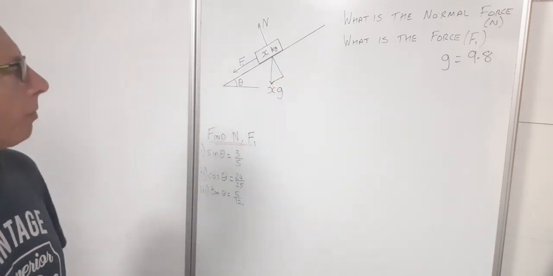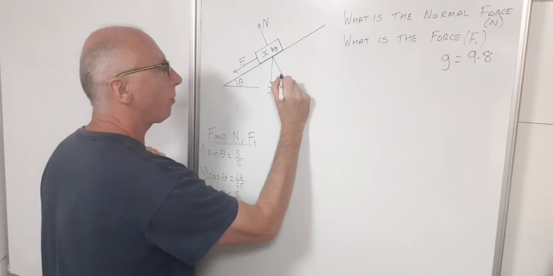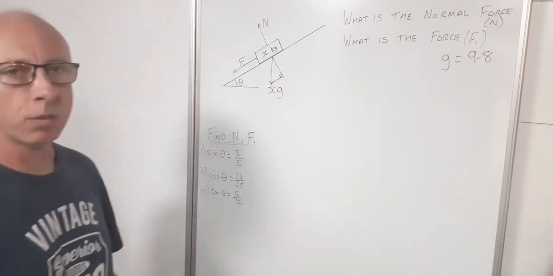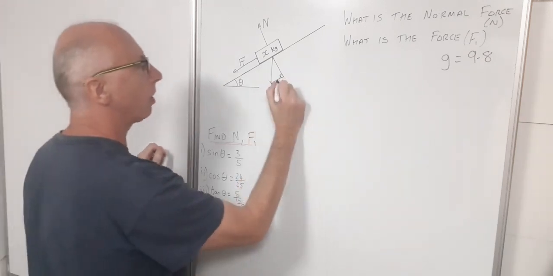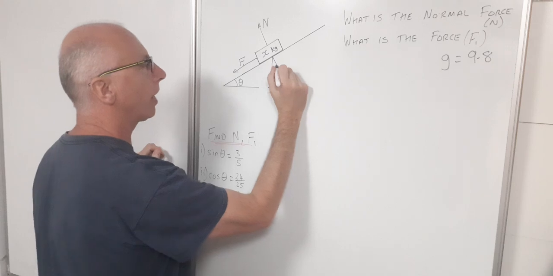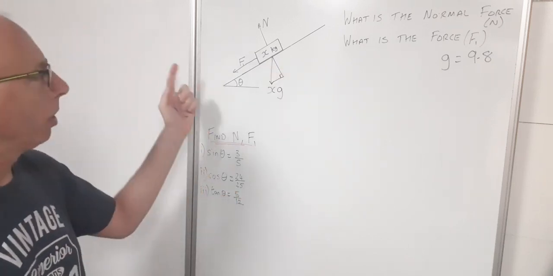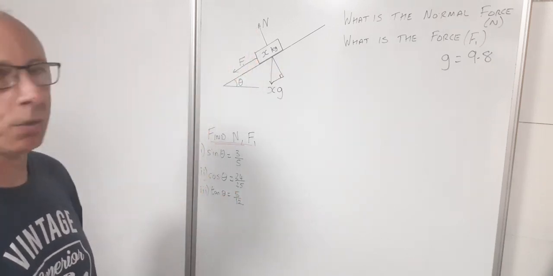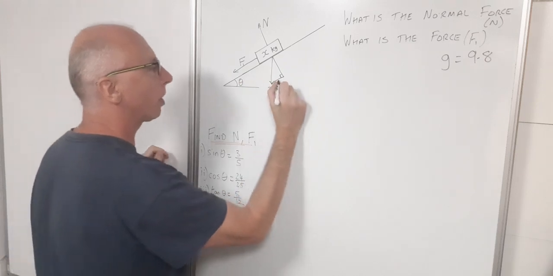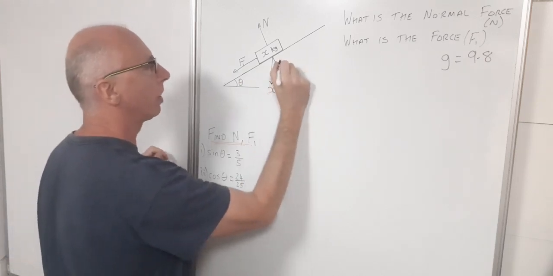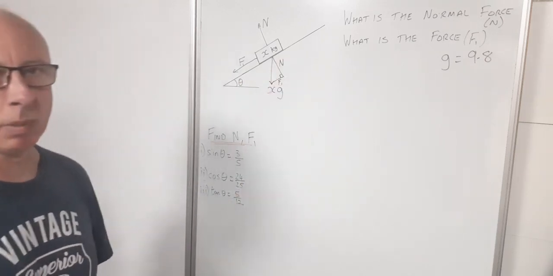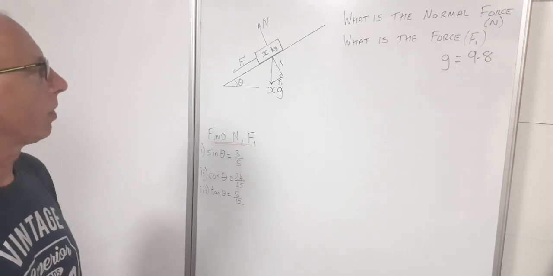If we do that, we end up with a right angled triangle, and then we've got a line here and a line here, which are parallel and perpendicular respectively to our two different forces. So this one along the bottom of the triangle will be F1, and this one here will be N. That'll be the normal force.